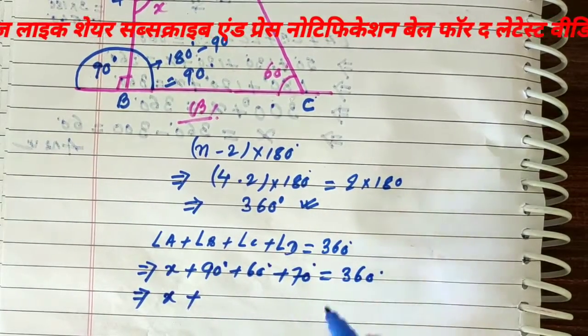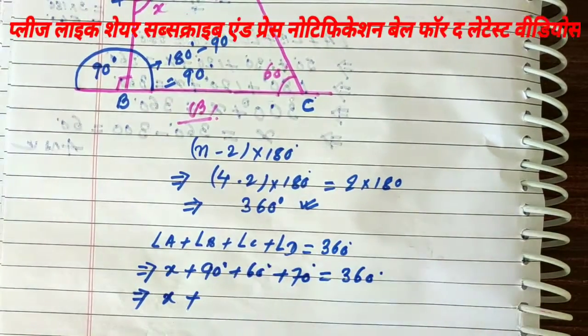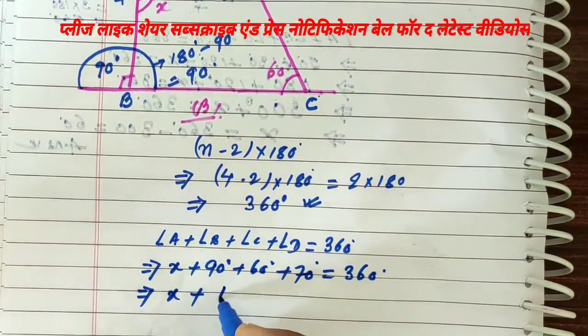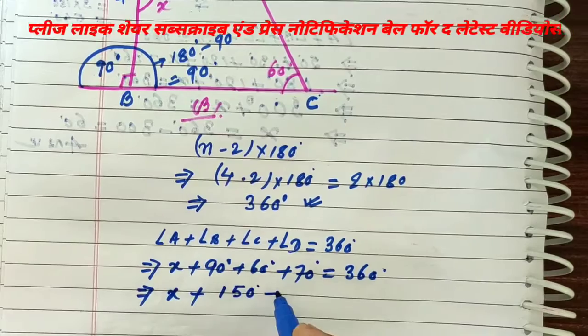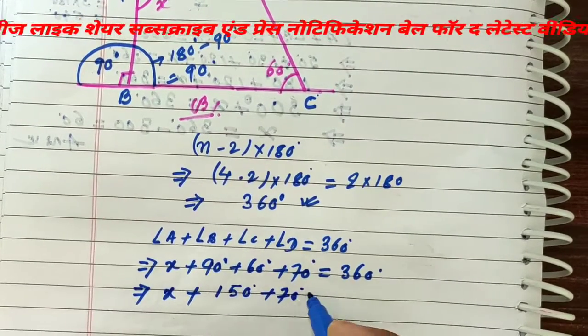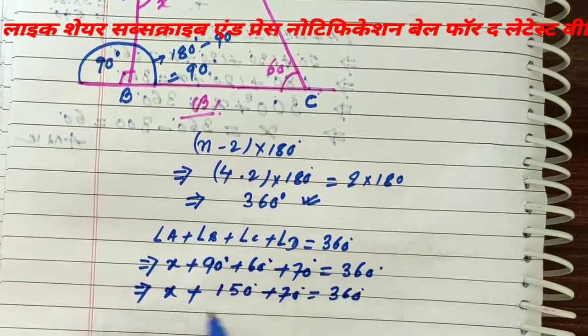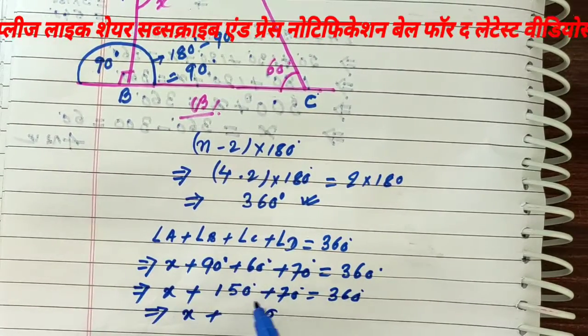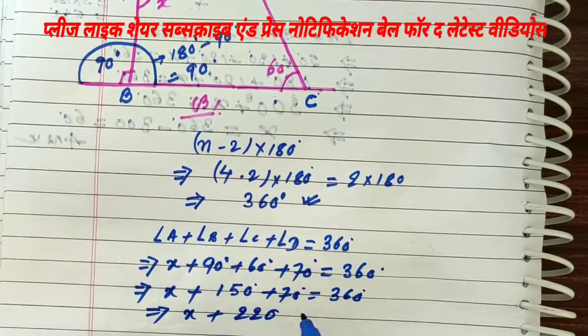Now after adding, 90 plus 60 is equal to 150 and 150 plus 70 is equal to 220 degrees.